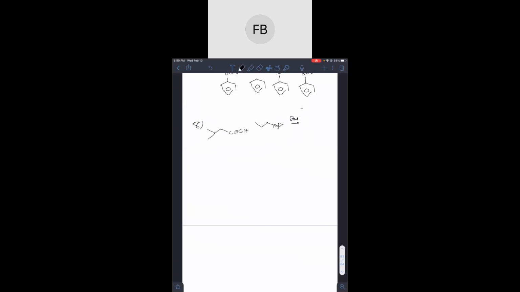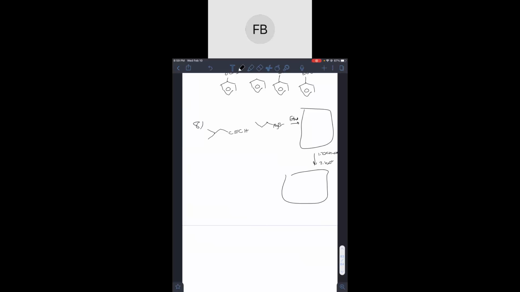So we're gonna form one product here, then we're gonna react that with something else and also H3O+. Okay, whatever. So now we just need to figure out what goes in each of those boxes.